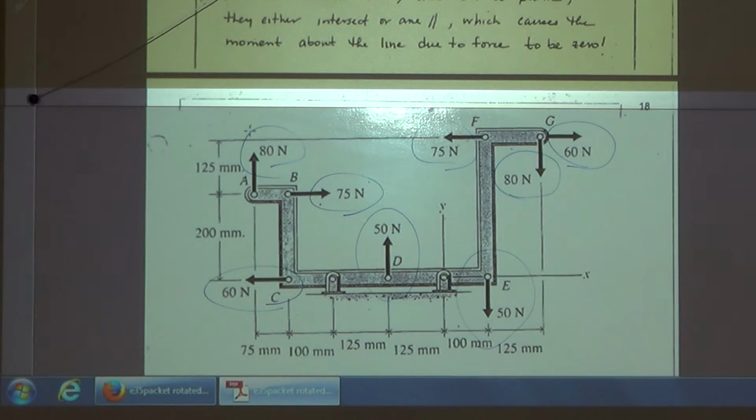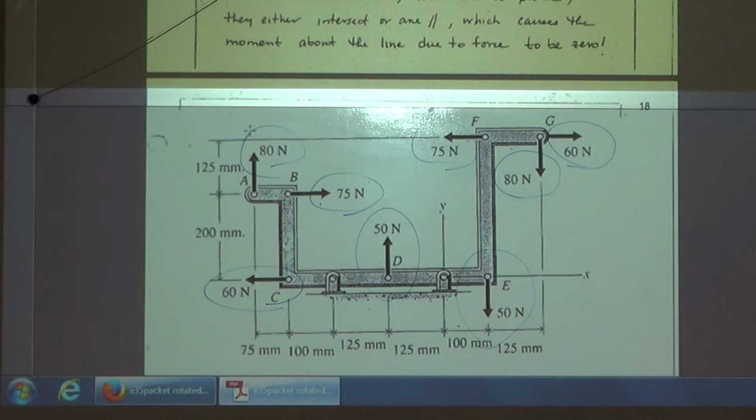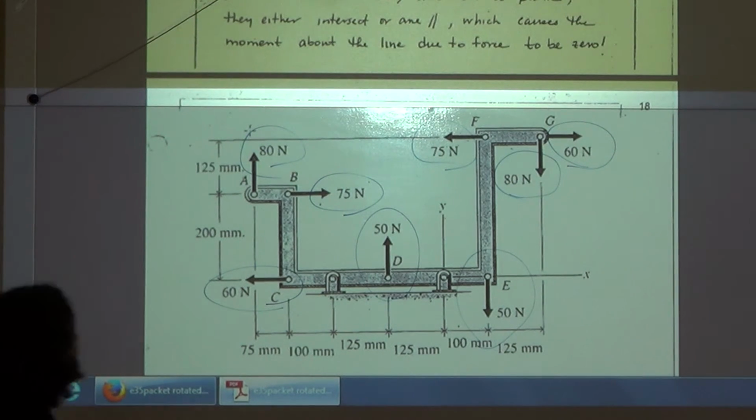If the force is going this way on top, and this way on the bottom, it's spinning like this, and this is a negative. Got it, Santiago? Counterclockwise is positive, so always use your right hand.